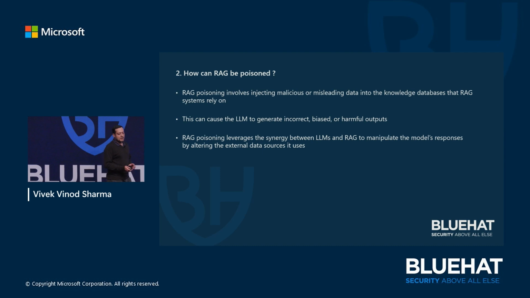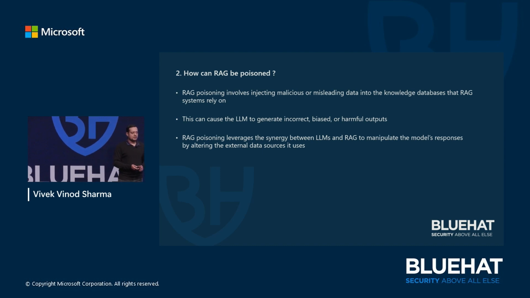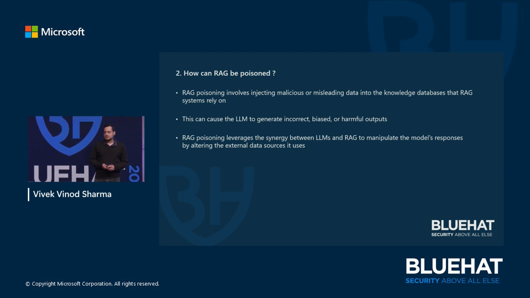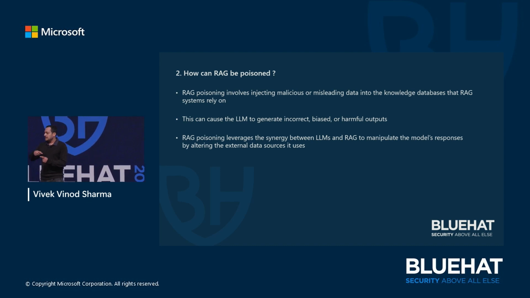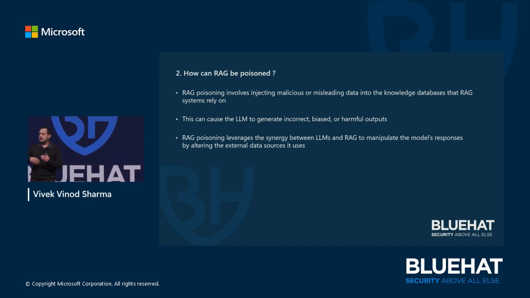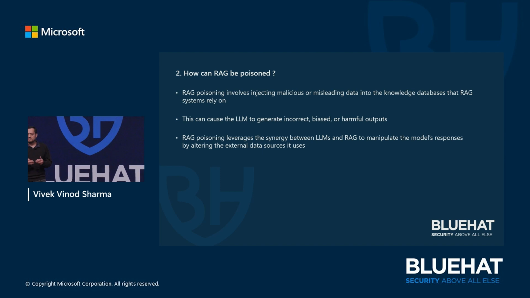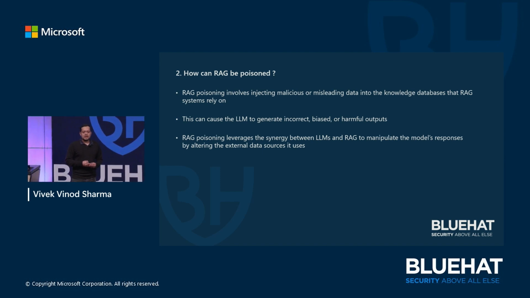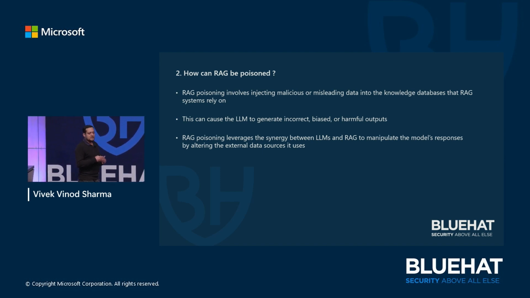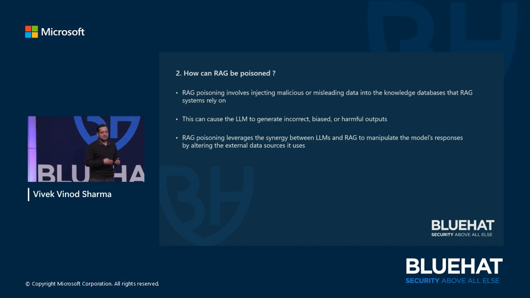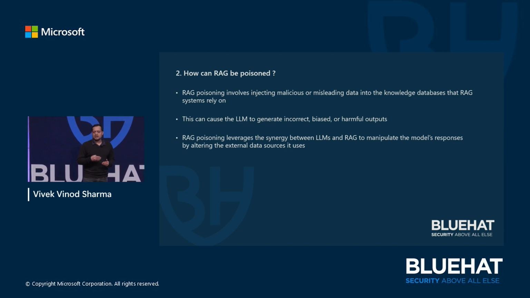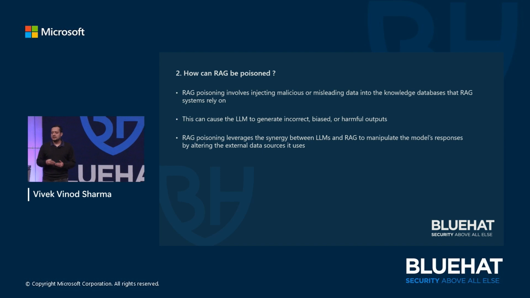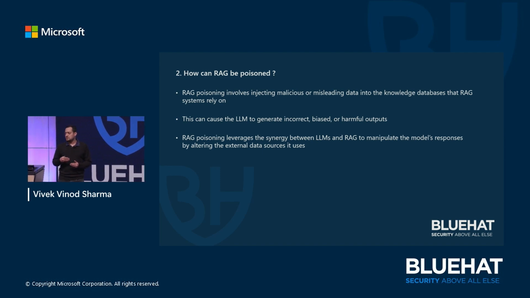The next question is, how can we poison RAG, or Retrieval Augmented Generation data sets? In the earlier example that I gave, where I have a SharePoint site and the documents that are part of it, consider scenarios where insider risk, or somebody intentionally or unintentionally, has inaccurate data that they want others to trip on.